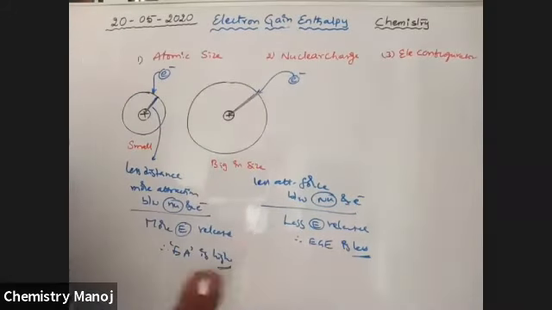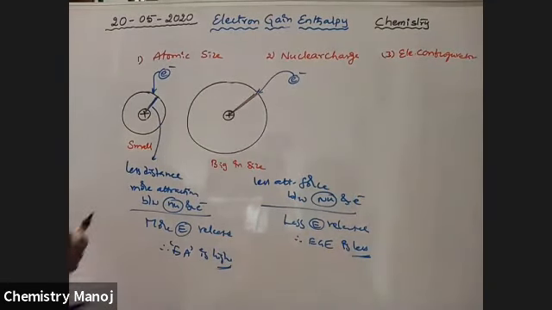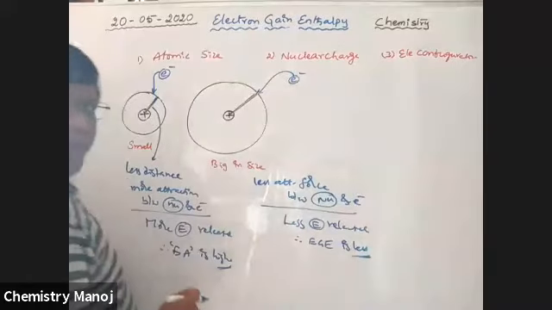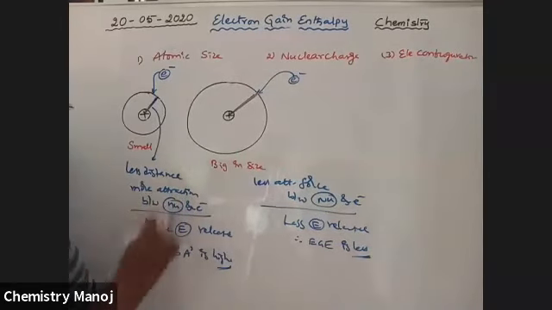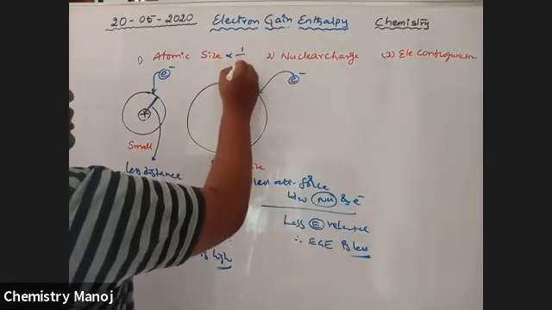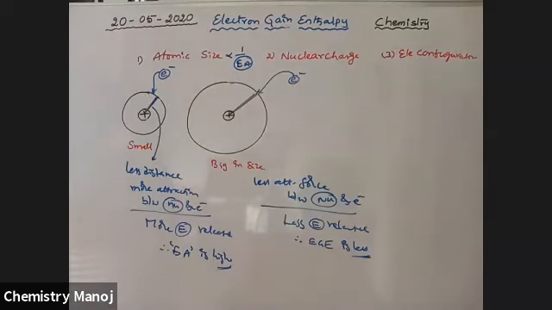That means the more the size, the less the electron gain enthalpy; the less the size, the more the electron gain enthalpy. Therefore, atomic size is inversely proportional to electron affinity or electron gain enthalpy.